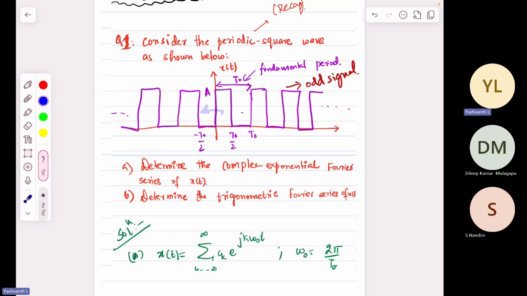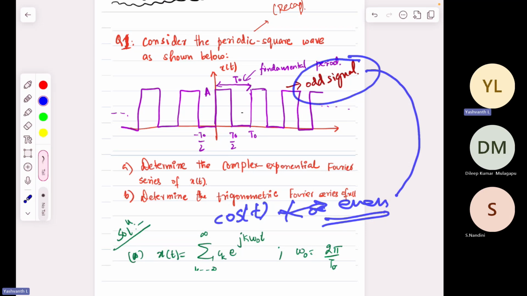Okay, I will tell the answer. Simple. This is an odd signal. Recall that cos t is not an odd signal; it's an even signal. If it's an odd signal, it cannot contain even signal components.